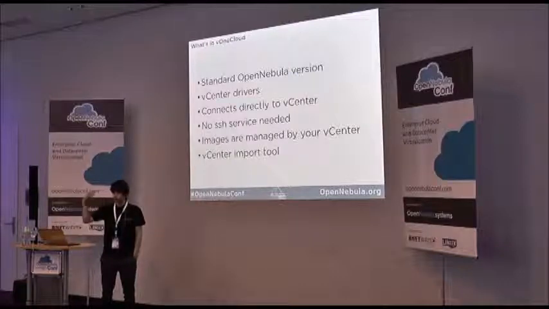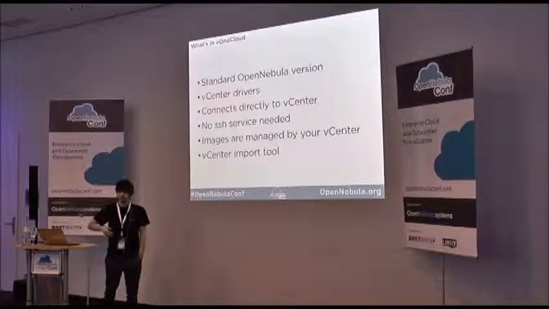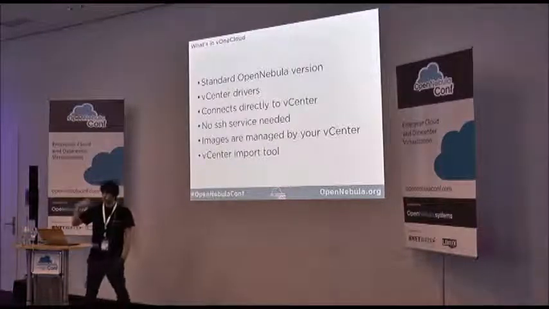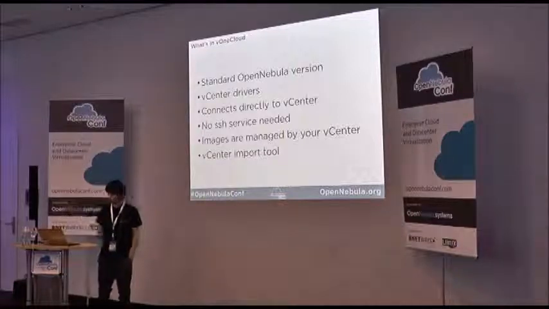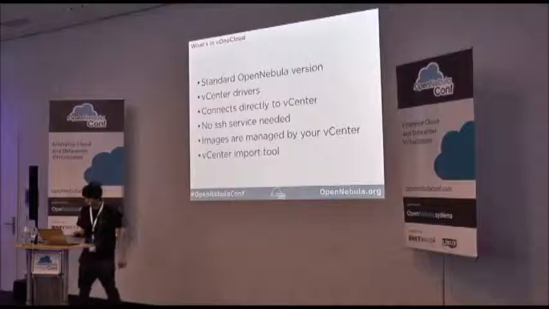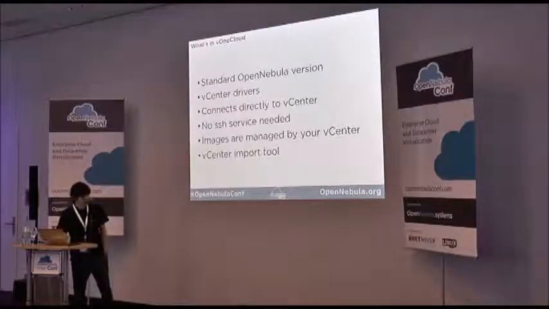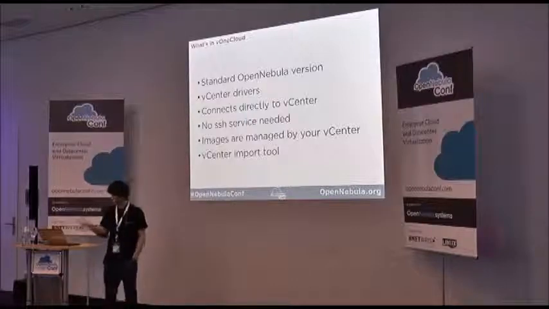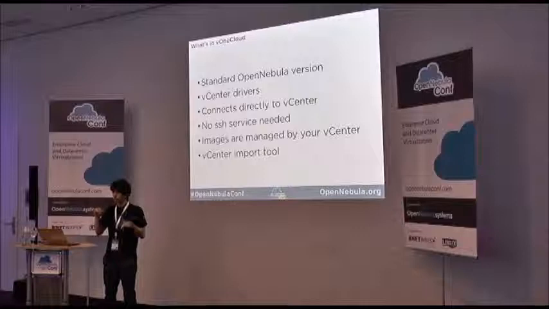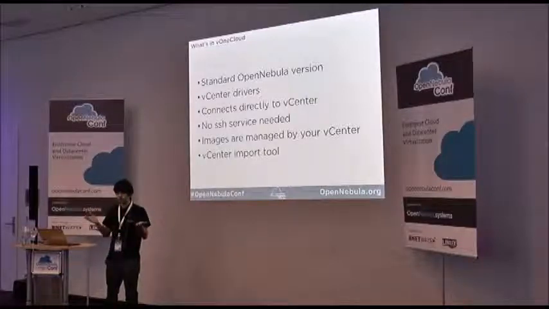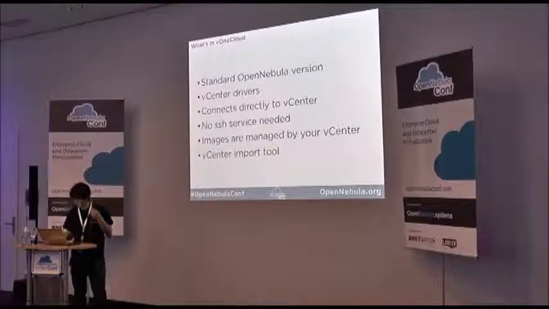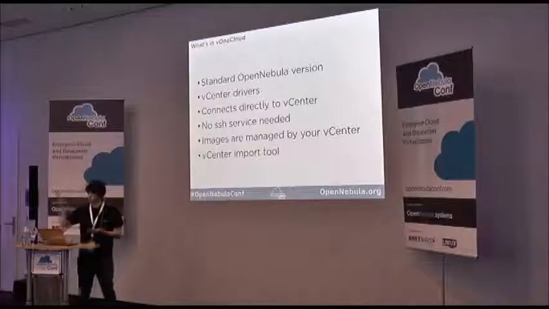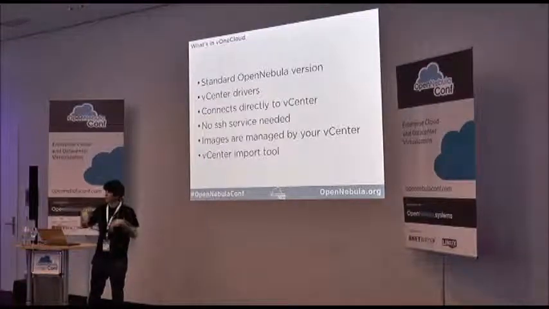If you already have machines running in vCenter, you just import the templates. The images are already there. You don't need to move files from one place to the other. And this vCenter driver also has an import tool, so you don't need to manually add the templates or the hosts that are already in the infrastructure. You just tell OpenNebula to connect to this vCenter and import everything that's in there.